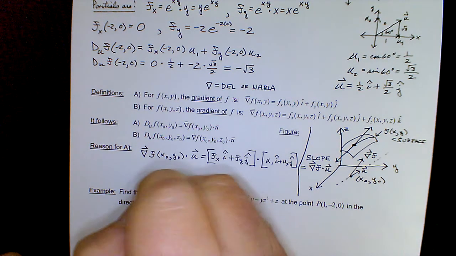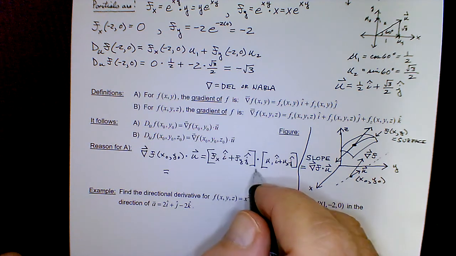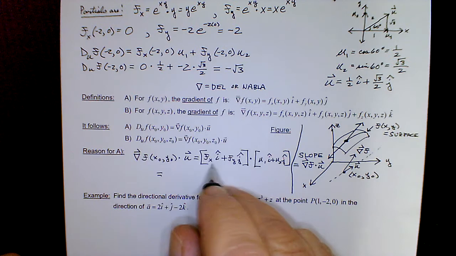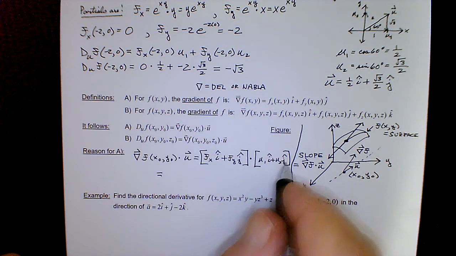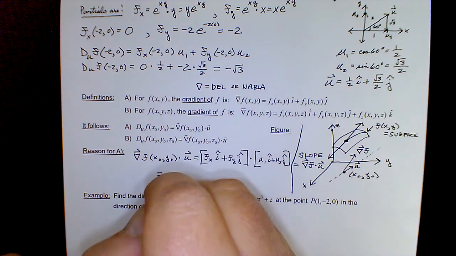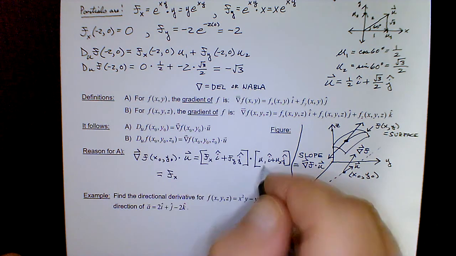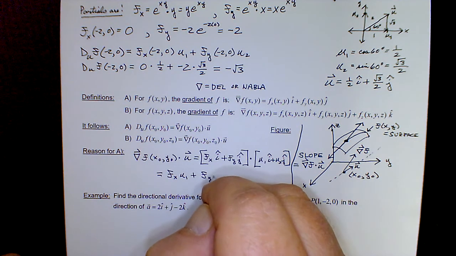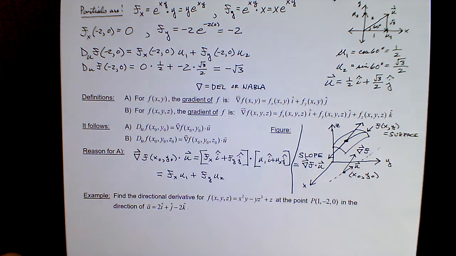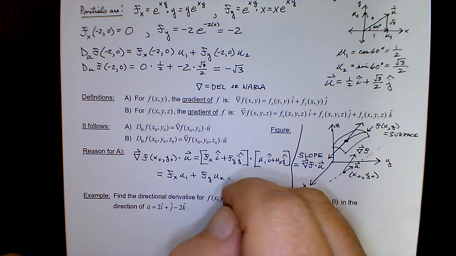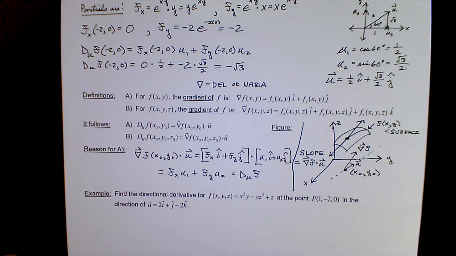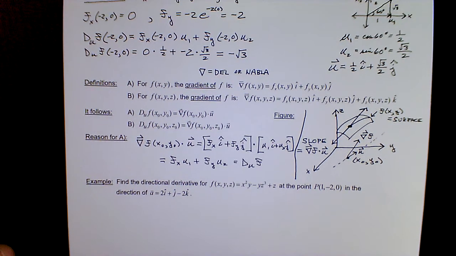But then remember the dot product: just take the respective i components, multiply together, respective j's, respective k's if they're in there. But see, this gives us f sub x times u1, plus f sub y times u2. And that is, if we look back, our definition for the directional derivative of f in the direction of u.